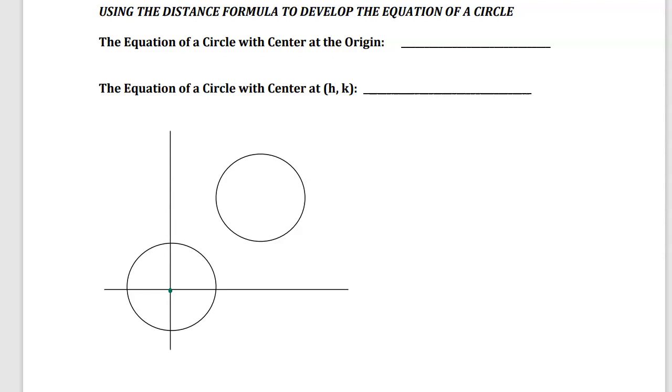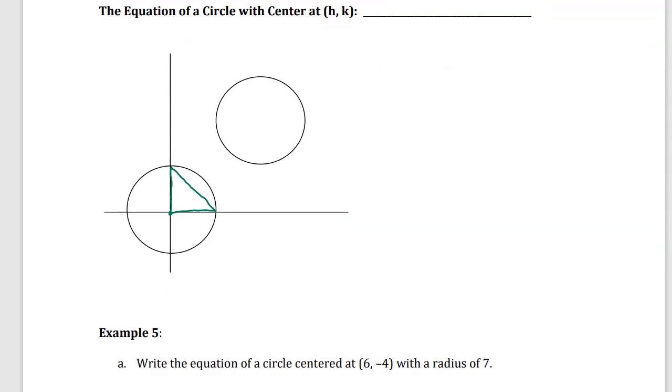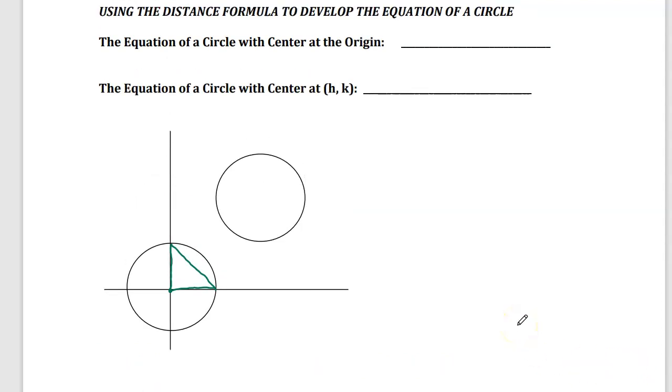And so if I think about it, I can draw a right triangle here. And so I look at it, and these are kind of like our parts of a right triangle.